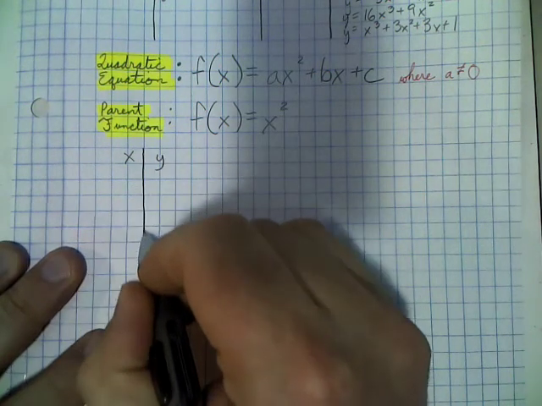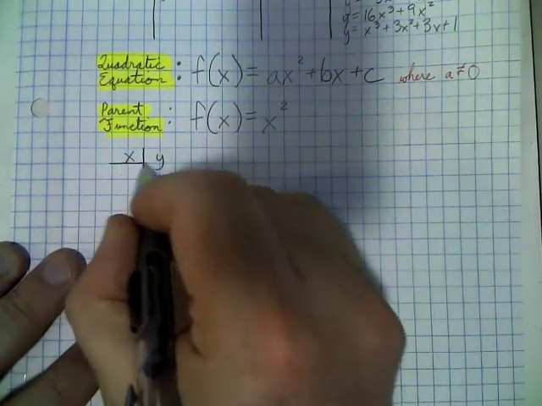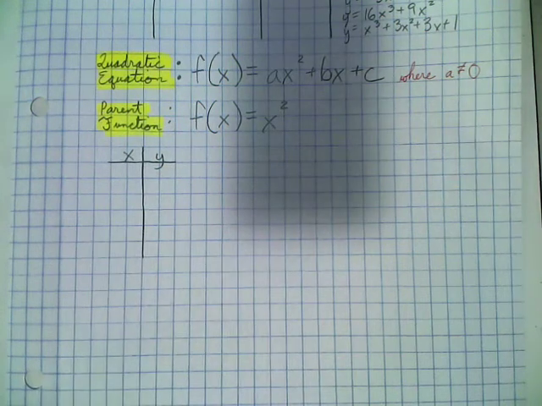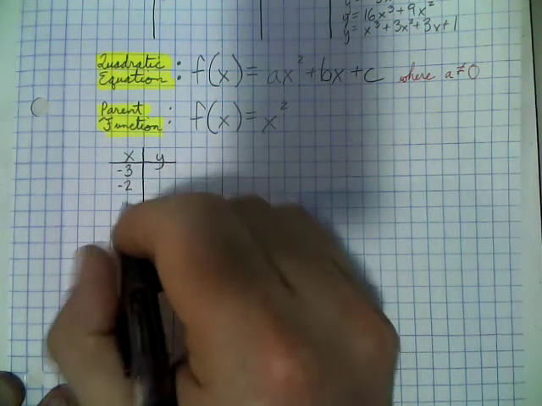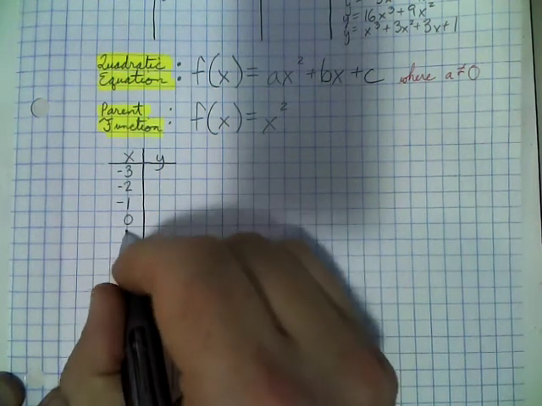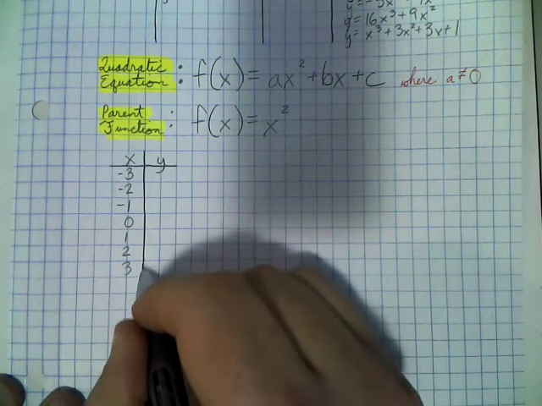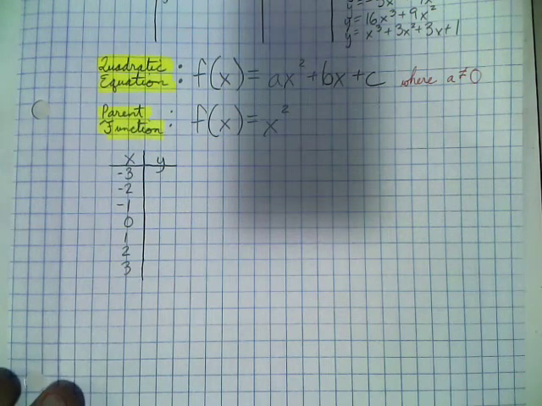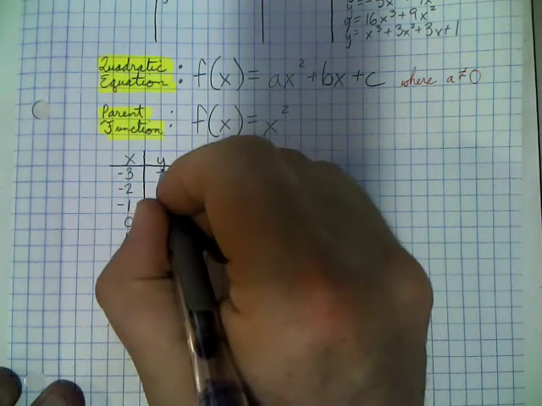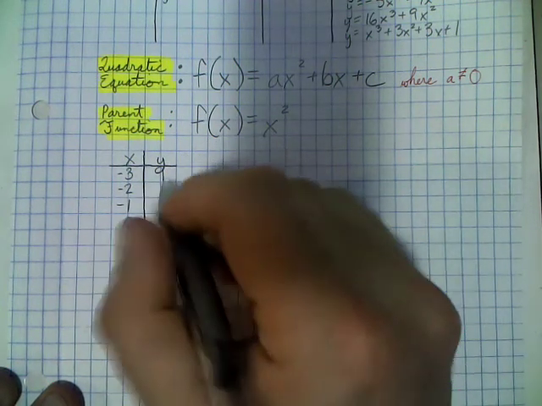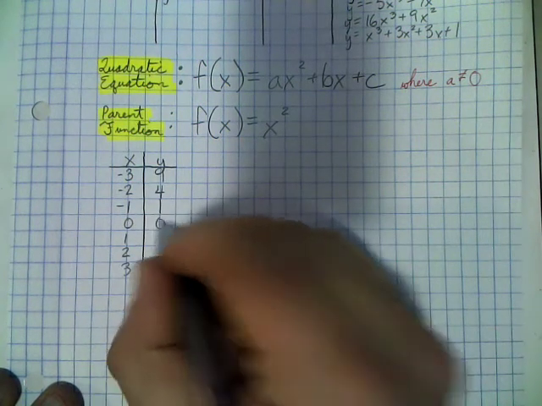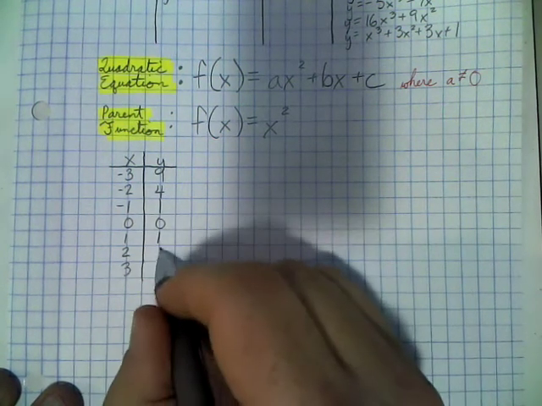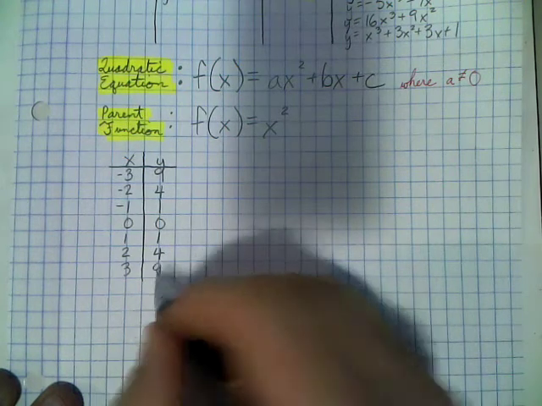Remember, ladies and gentlemen, to graph anything, all you need is enough points that you can find the shape of the graph. So we're going to start with -3 for our input, and we're going to work our way up to a +3. So a -3 squared is 9, a -2 squared is 4, a -1 squared is 1, 0 squared is 0, 1 squared is 1, 2 squared is 4, and 3 squared is 9.